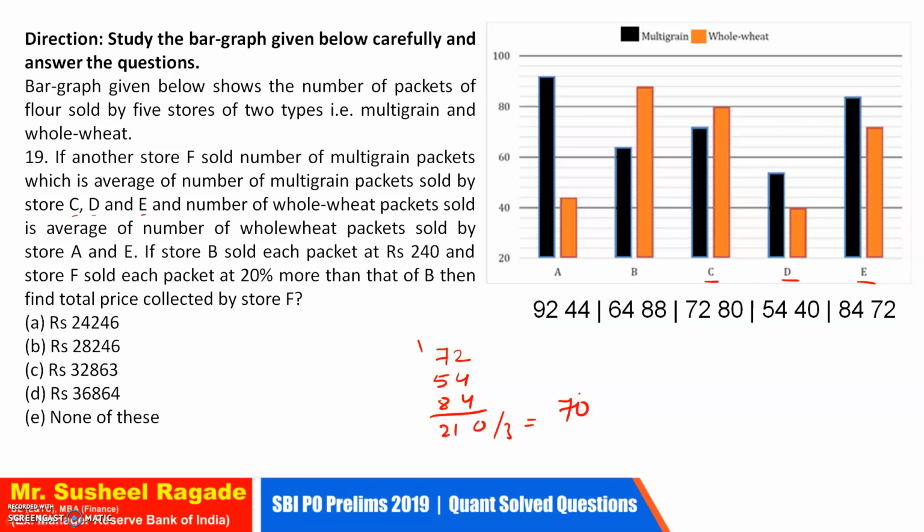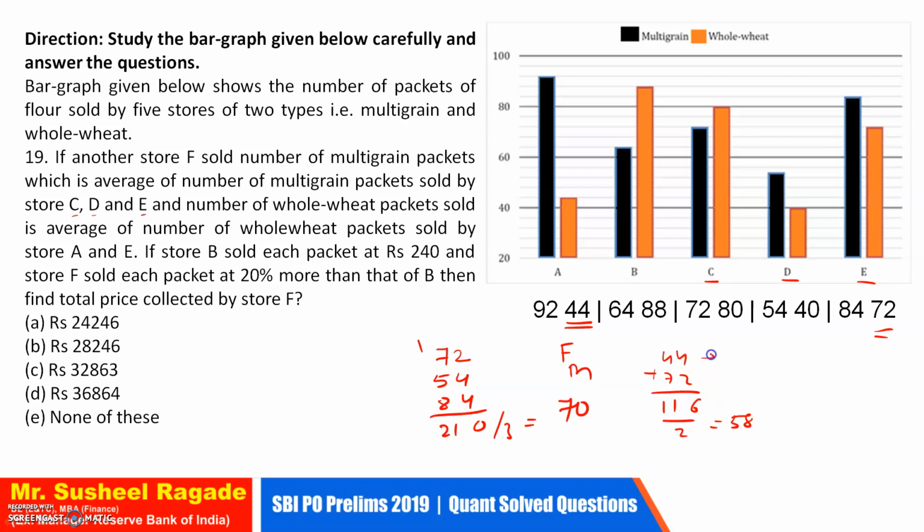So this is F's multigrain. Then the number of whole wheat packets sold is the average number of packets sold by A and E. So 44 plus 72 is 116, divided by 2 is equal to 58.